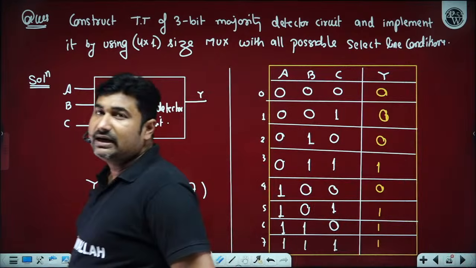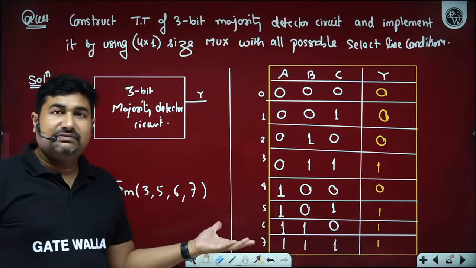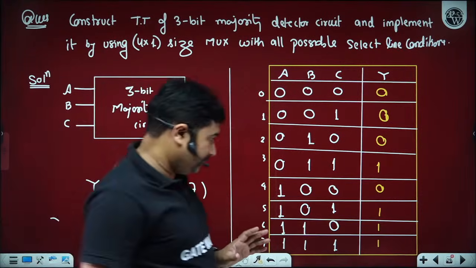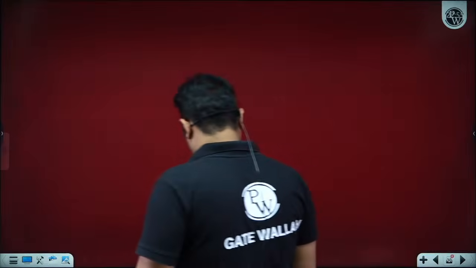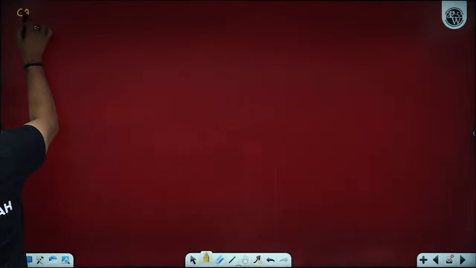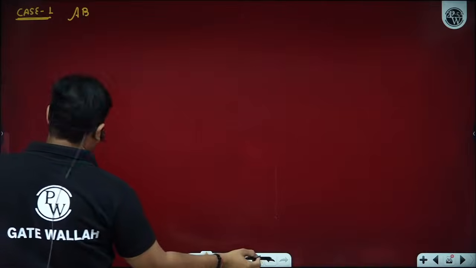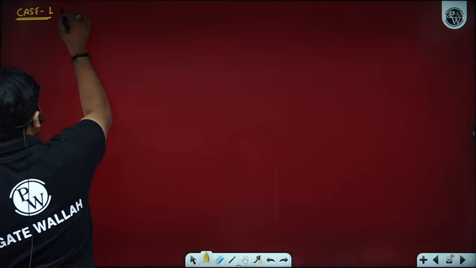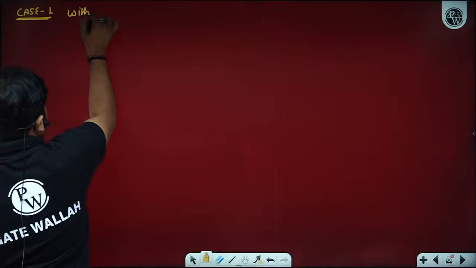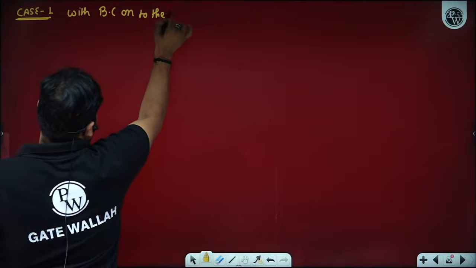We want to implement it by using a multiplexer. So what are the possibilities? Out of A, B, C, we can choose any 2 onto the select line. So let us first discuss with AB onto the select line or with BC onto the select line.